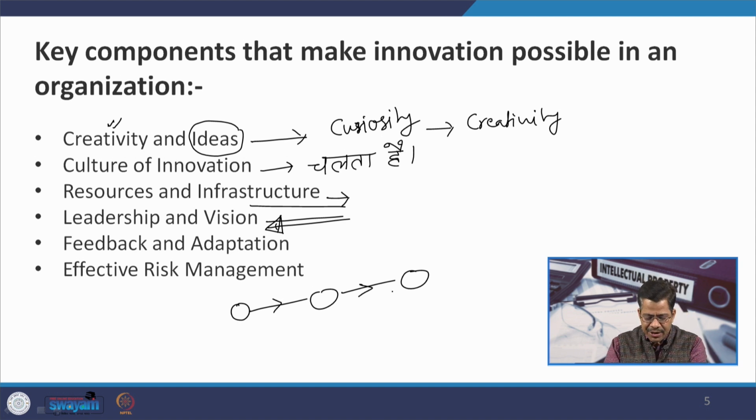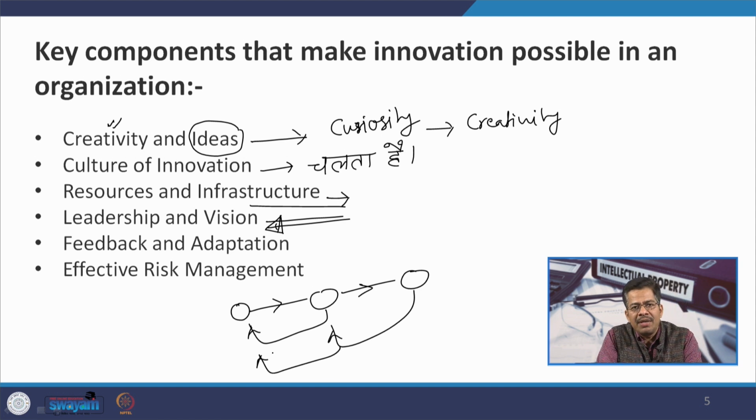It requires regular feedback to the innovators. So, do we have a proper system of feedback? And once feedback is given, how quickly are we able to adapt to it? That also ensures success in terms of innovative organizations.